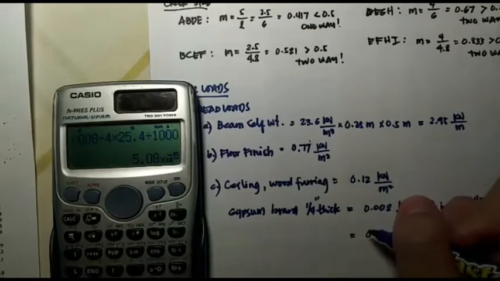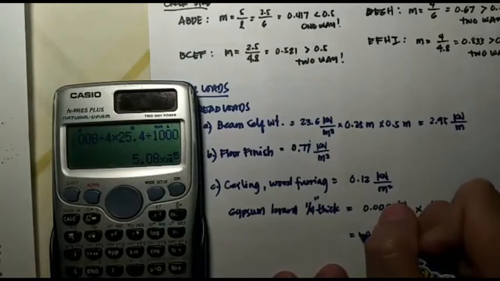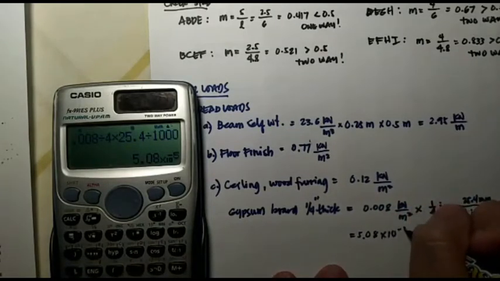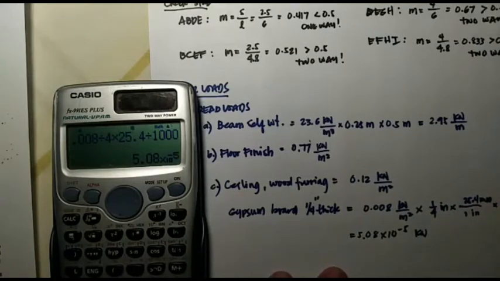Okay? So that is 5.08 times 10 to the negative 5 kilonewton per meter.